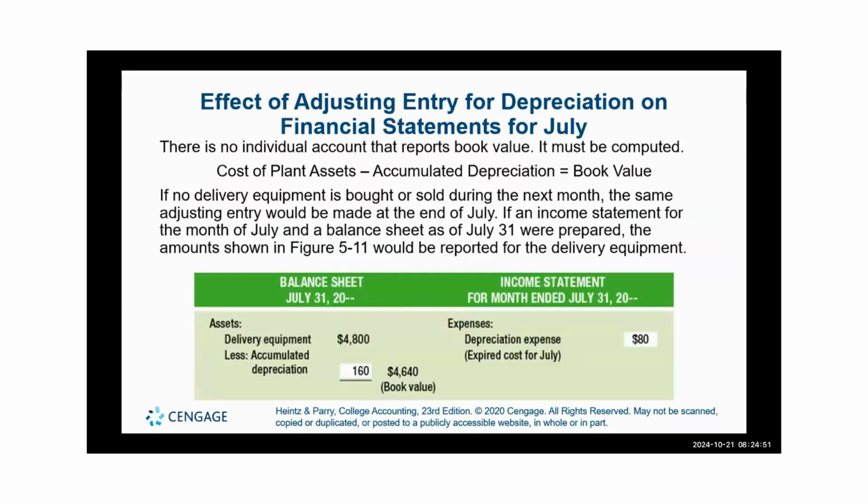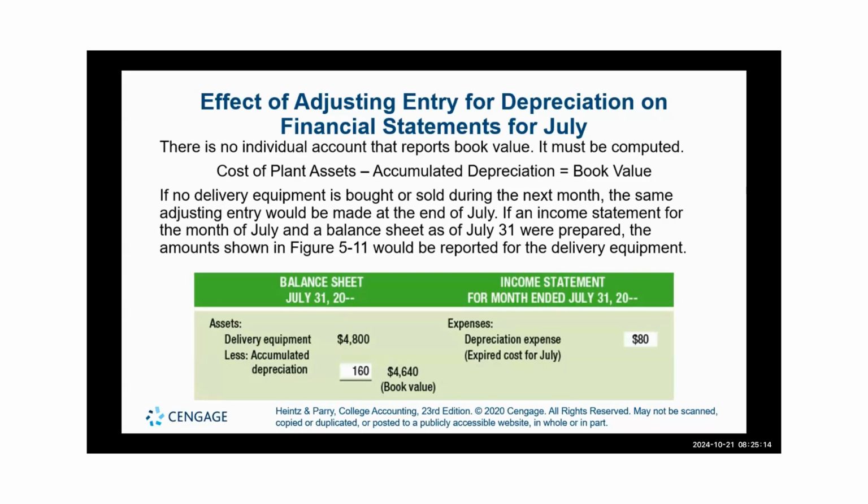So let's look at the effects of the adjusting entry for depreciation for July. If no delivery equipment is bought or sold during the next month, the same adjusting entry would be made at the end of July. So we're saying $80 for 1 month, $160 for 2 months. Okay, that's what this is trying to tell us.